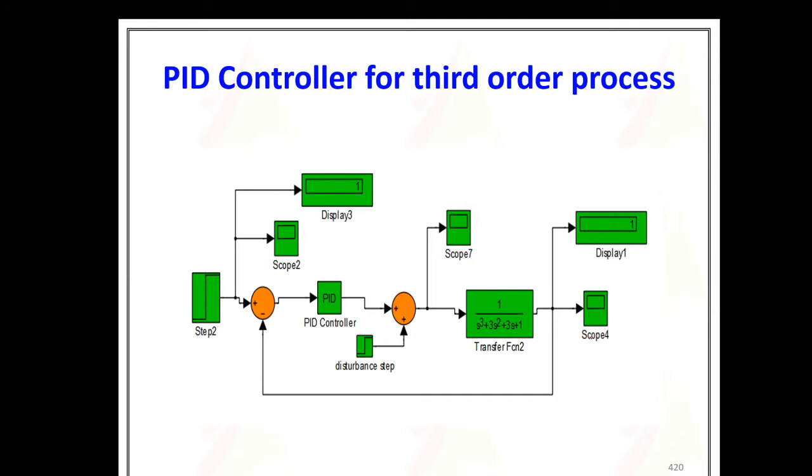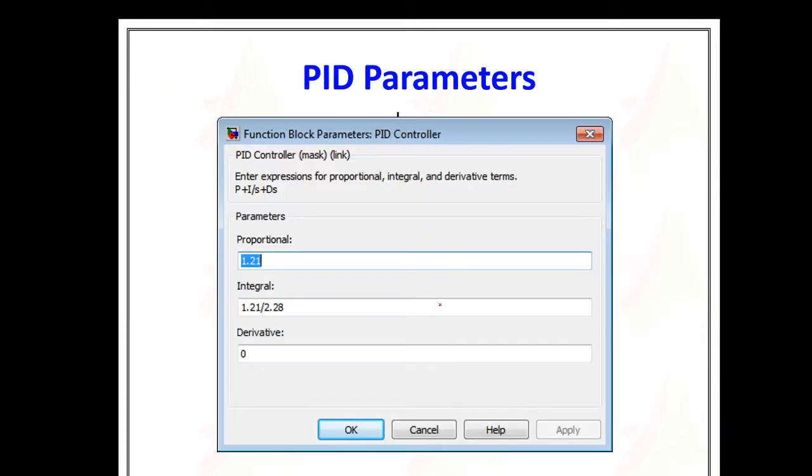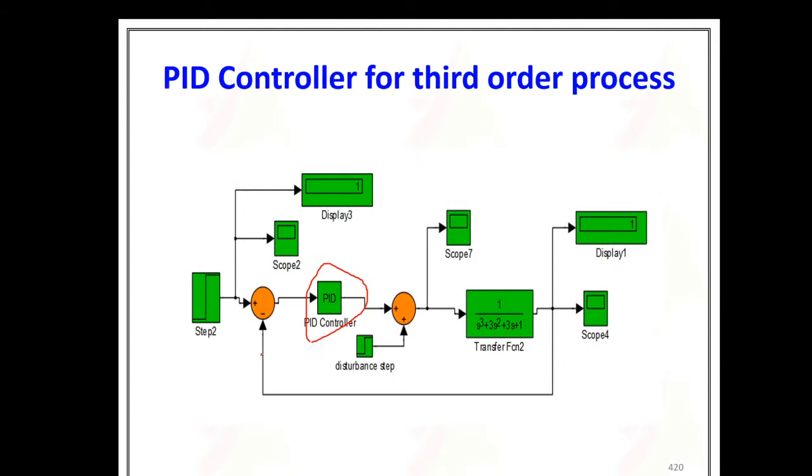It is the form of proportional plus integral plus derivative. For this, in Simulink, a ready-made block is available. If you double click it, it asks for the proportional value, the integral value, that is Kp by Ti, and the derivative value. If you make this derivative value 0, it is the PI controller, not PID.